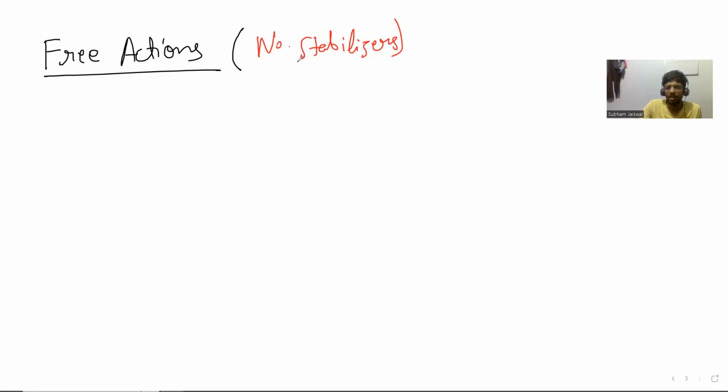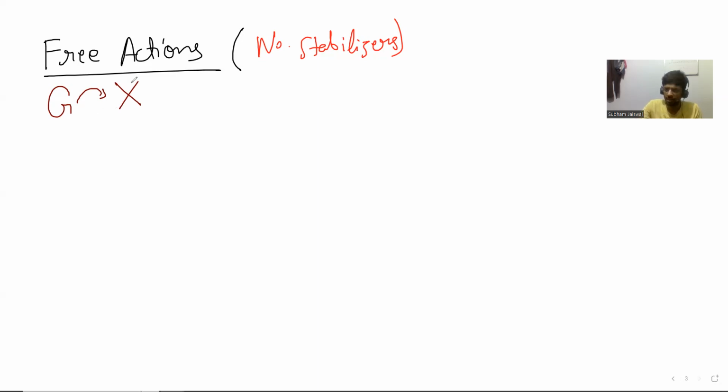But what is a free action? A free action is no stabilizers. What does that mean? Can anyone define what a free action should be? I've already said it here, but what will the defining terms be? So G acts on X, right? There's a G, then there is an X, such that the action is there.